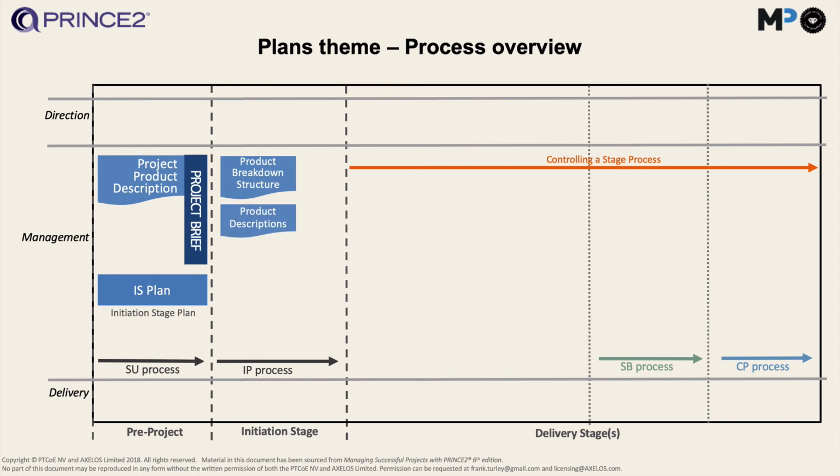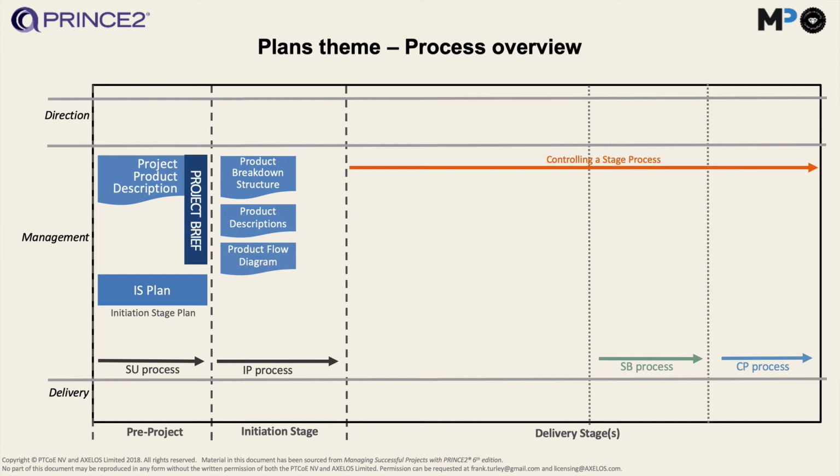So for each product that we recognize, we can create something called a product description. So it's a requirements document, and we add the quality information as well. And it's nice to keep those as clean as possible and specify the quality criteria in such a way that it's very easy to read and understand. Next, we create a product flow diagram.